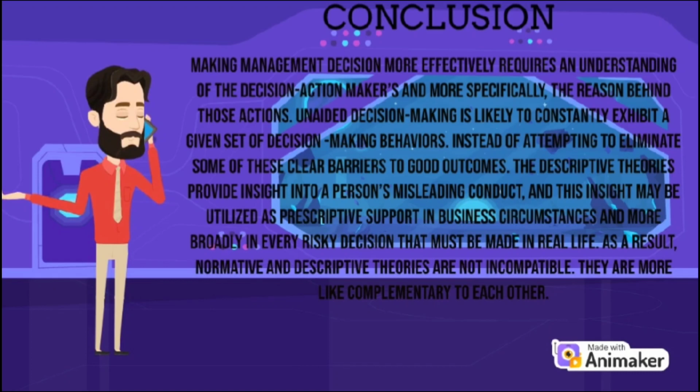Instead of attempting to eliminate some of these clear barriers to good outcomes, the descriptive theories provide insight into a person's misleading conduct, and this insight may be utilized as prescriptive support in business circumstances and more broadly in every risky decision that must be made in real life.